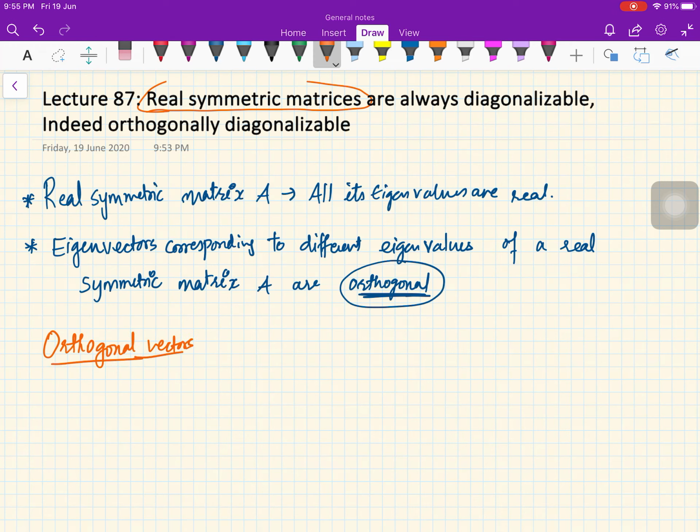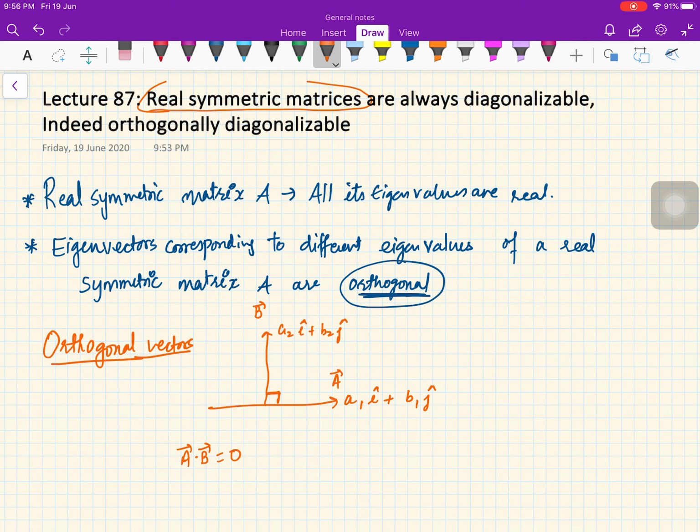Now you must know something about 2D and 3D vectors. Orthogonal means perpendicular. If you have a vector a1 i cap plus b1 j cap, and another vector a2 i cap plus b2 j cap, let us call these vectors A and B. These two vectors are orthogonal if and only if their dot product is 0.